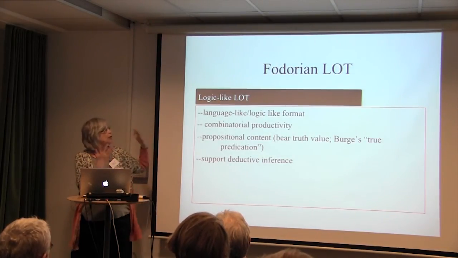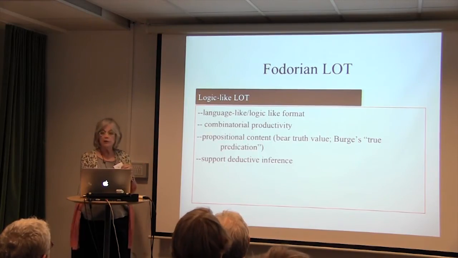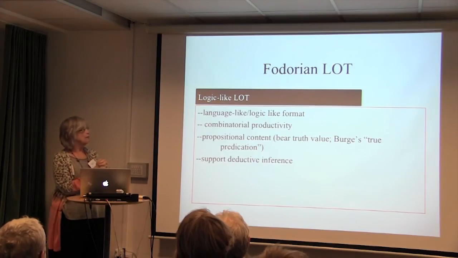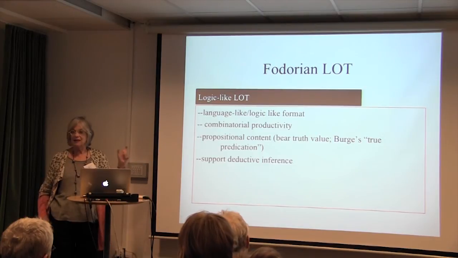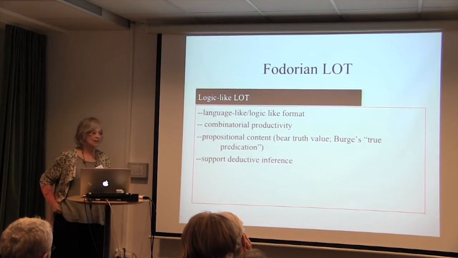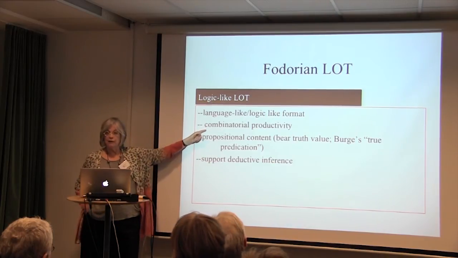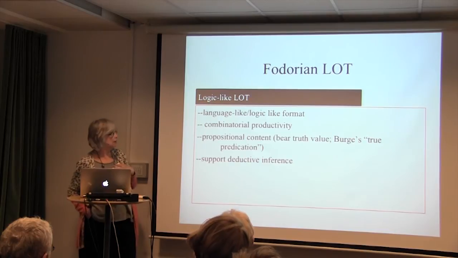So we need a characterization of what we're talking about. So for sure, there's going to be an issue of format. The symbols should be arbitrary, discrete symbols, like letters for variables. There should be the right kind of combinatorial productivity, supporting logic and logic-like syntax.